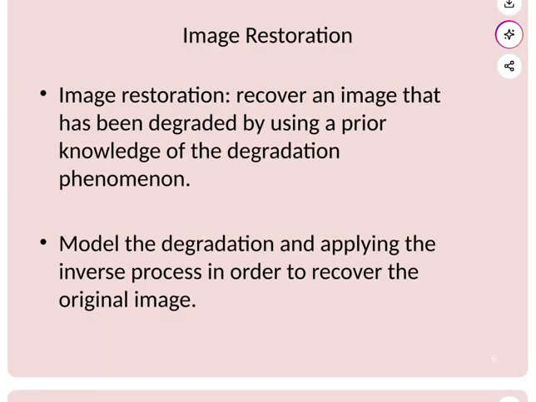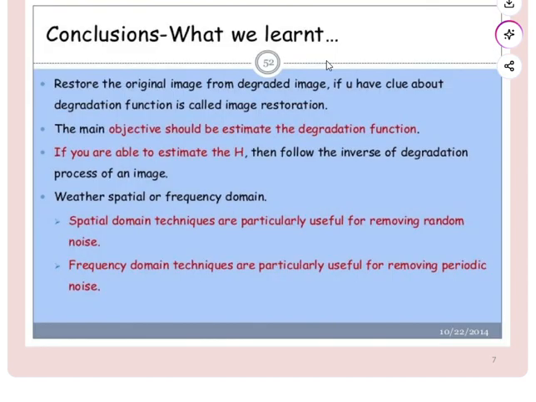In image restoration, we are trying to recover the image that has been degraded by using prior knowledge of the degradation phenomena. This is a quick recap of what we have learnt. Spatial domain techniques are particularly used for removing random noise, whereas frequency domain techniques are particularly used for removing periodic noise.